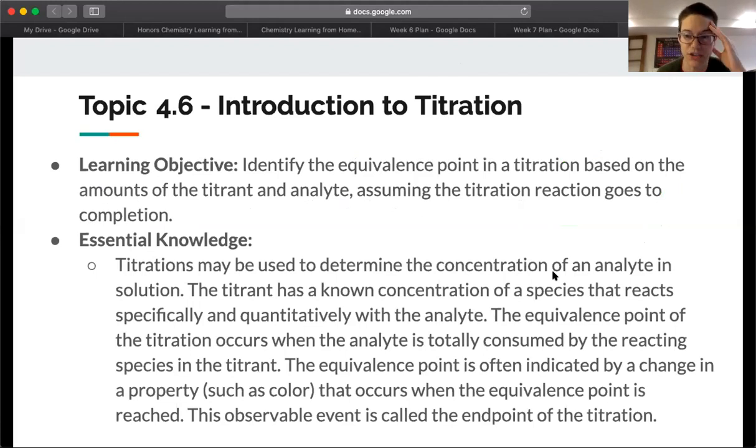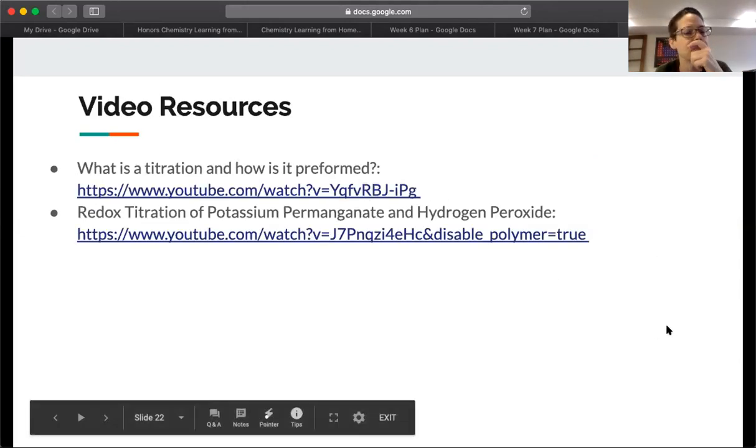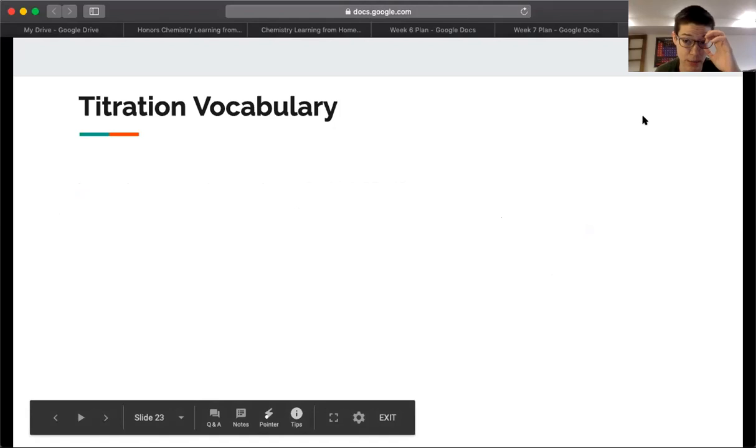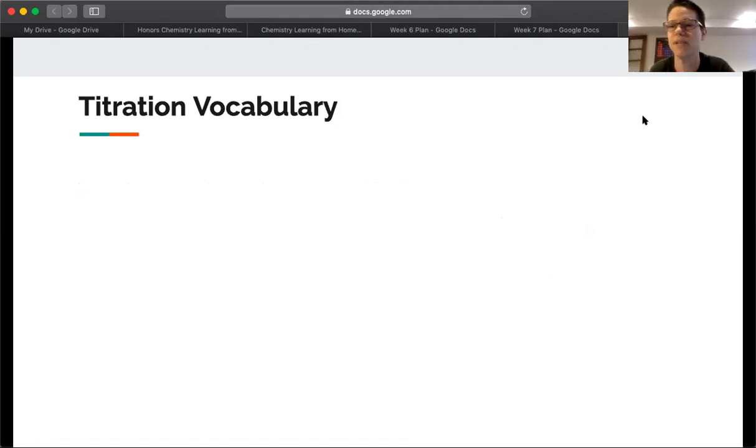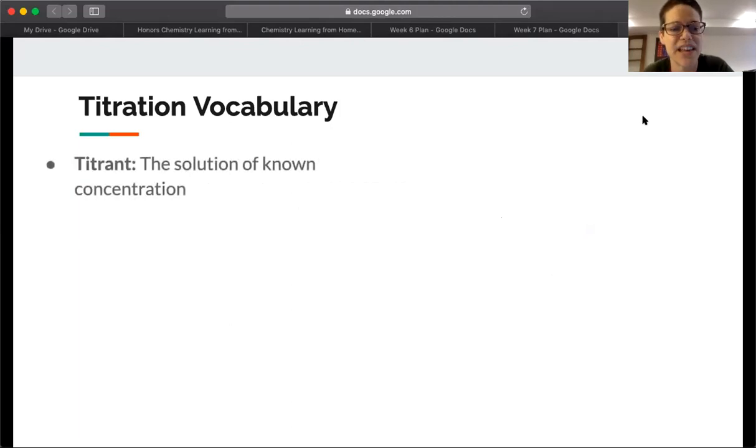Titration. All right, titration is a lab technique, and this is the lab technique we did at the beginning of the year. So let's see what you remember, and we will review this again when we specifically review lab techniques next week. The titrant is the known concentration.